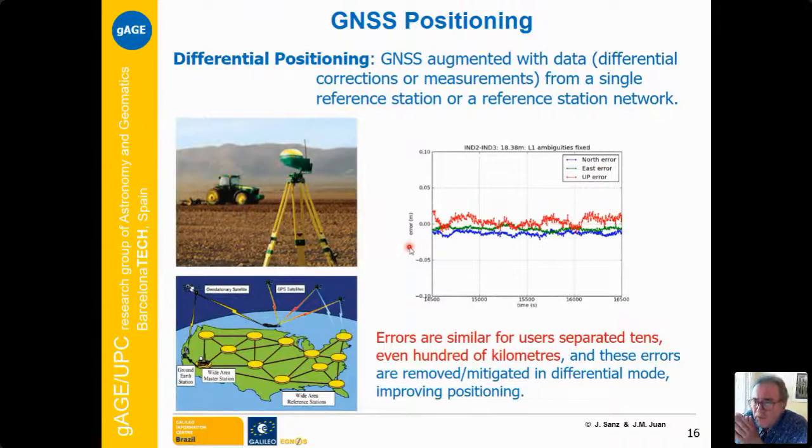As I commented before, the highest accuracy we can achieve is in differential mode, where the idea is that errors are similar for users separated tens or even hundreds of kilometers, and these errors cancel or can be removed or mitigated. It depends on the baseline, on the separation between them, in differential mode, improving positioning.